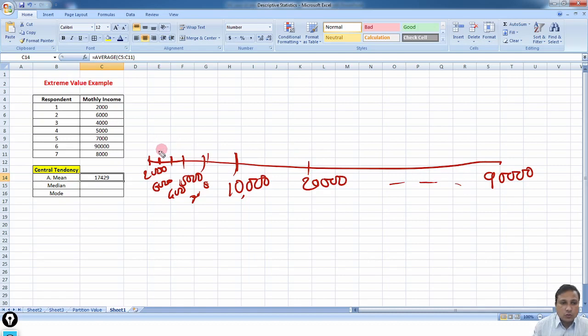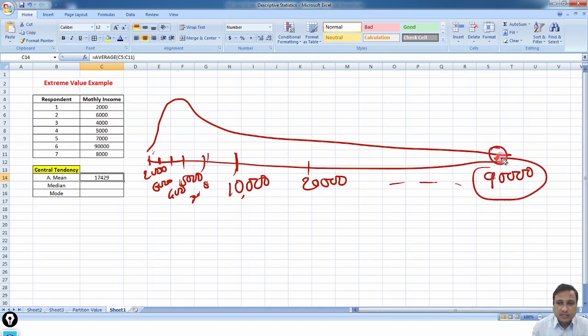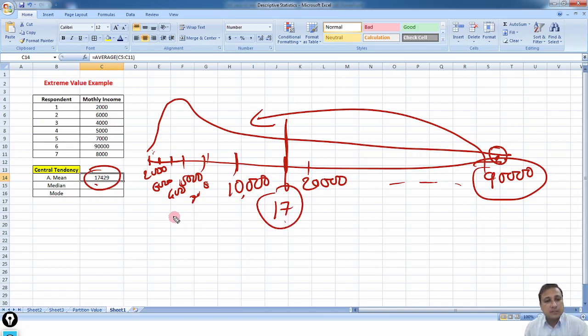So the majority of my respondents are here and only one respondent is here. But this response has affected my mean, and the mean is 17,000. 17,000 is somewhere here. But it doesn't represent the center. It doesn't represent central tendency. Does the 17,000 represent the center of this data? No, it does not, because most of my respondents have less than 10,000 rupees as monthly income.